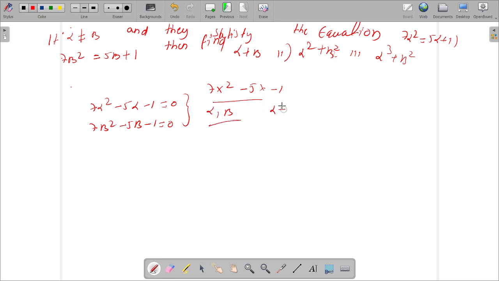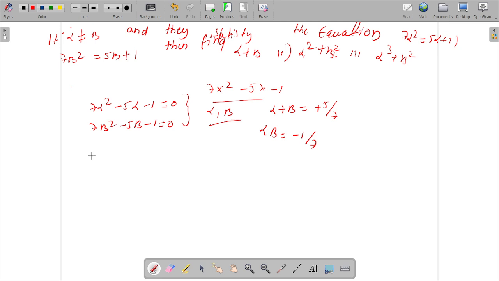Sum of the roots alpha plus beta is minus b by a, minus of minus, so 5 by 7. Alpha beta equals c by a, which is minus 1 by 7. You can find everything from this relation, because in the above case we already discussed how to find the sum and product of the roots. For the first question they are giving the sum of the roots, so you got it directly, no need to worry.